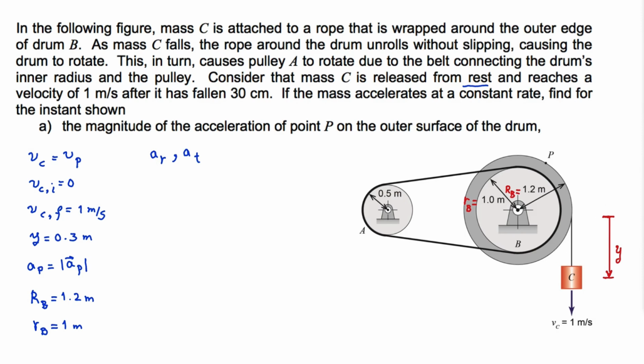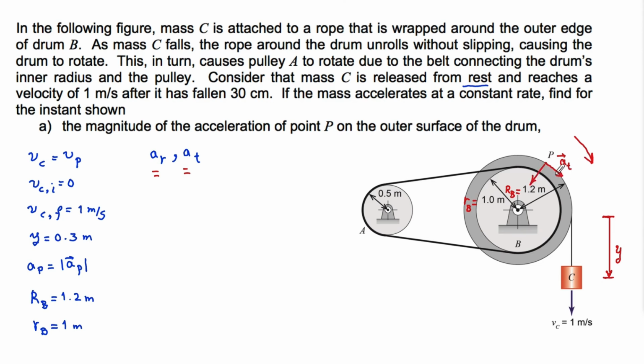If we draw these two components at point P, this is vector AT, the tangential acceleration, because the drum is rotating that way and the mass moves downward, and we have another component, which is radial acceleration.